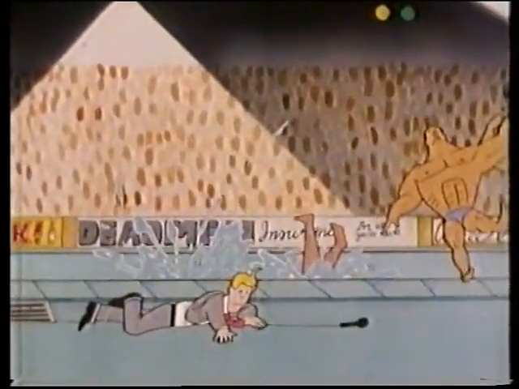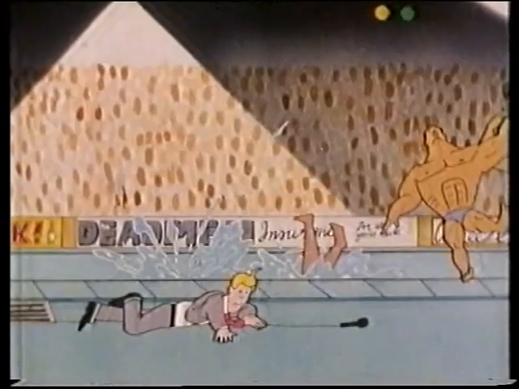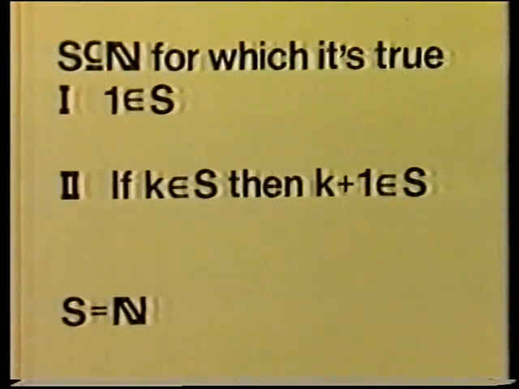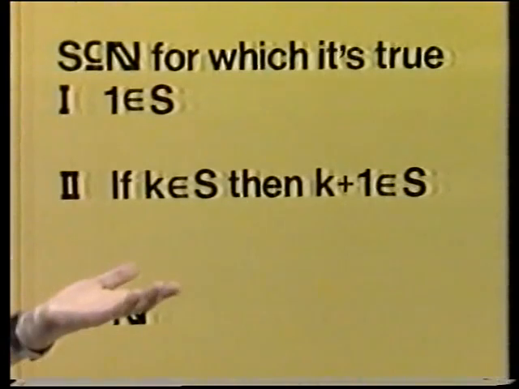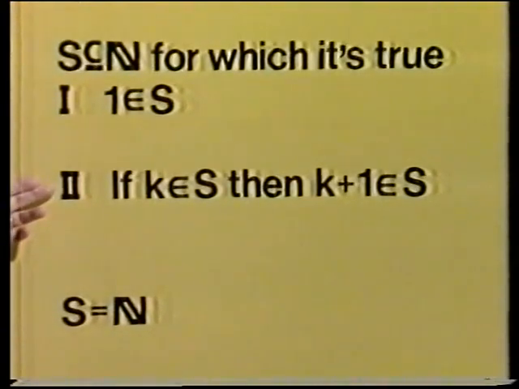Well, this time S is all the positive integers starting at 3 onwards. So if this condition doesn't hold, but instead we start at 3, and we've still got the successor property, well, we can still use mathematical induction. But now we'll use it to prove our conjecture is true for all positive integers starting at 3.